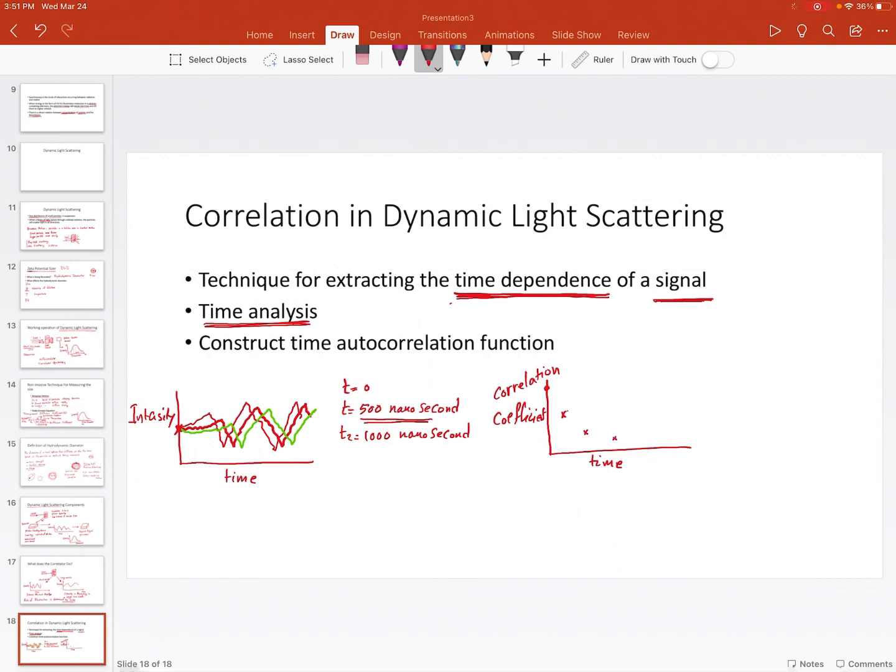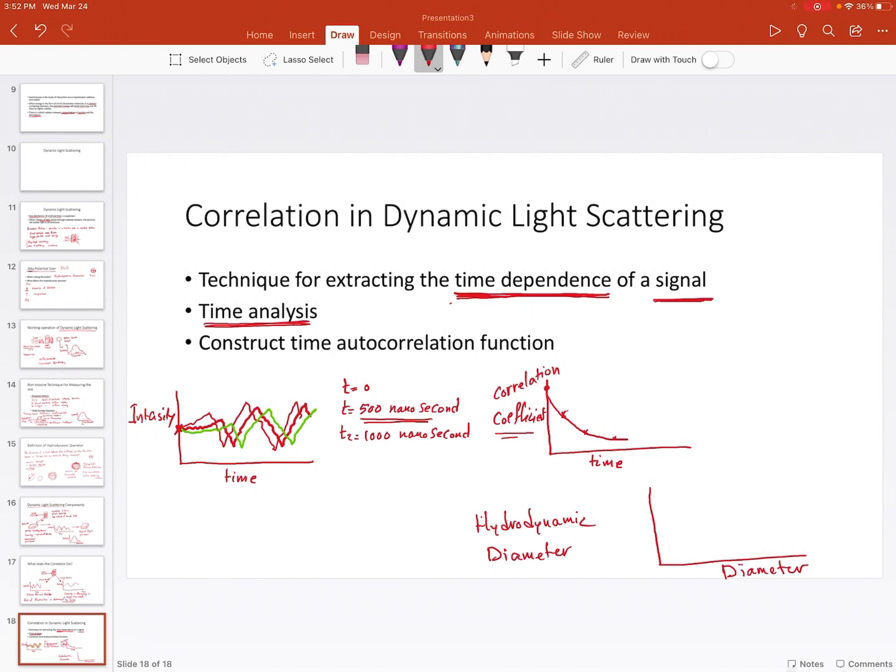Again, as time passes, these two graphs are going to be more different compared to each other. And we get a graph which is similar to this. Now with the Stokes-Einstein equation, we can correlate the diffusion coefficient to the hydrodynamic diameter.